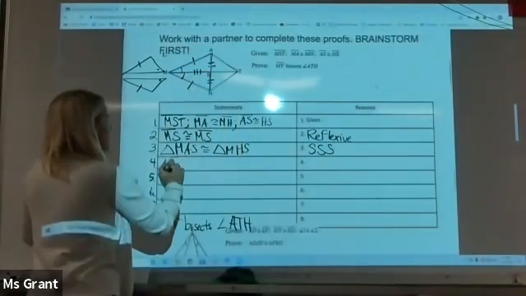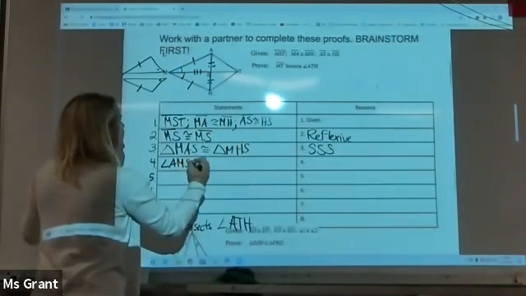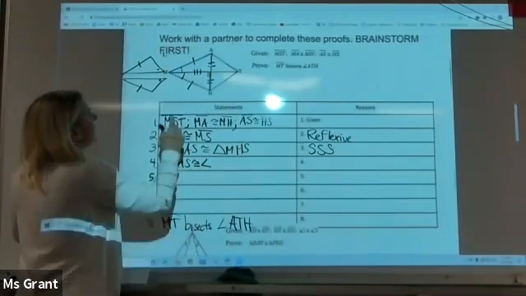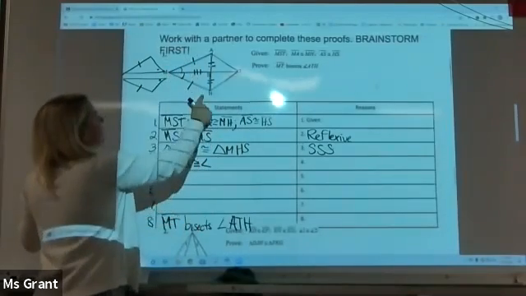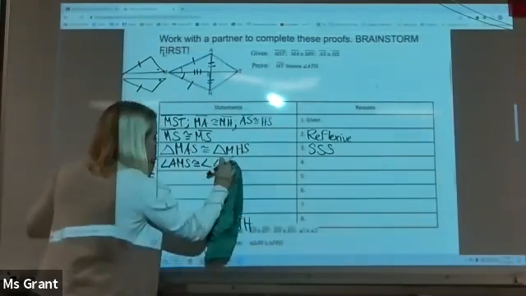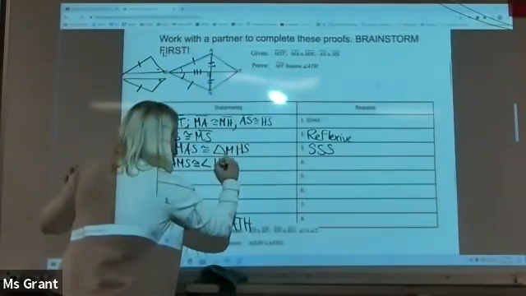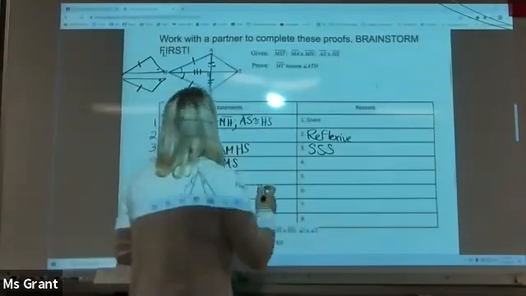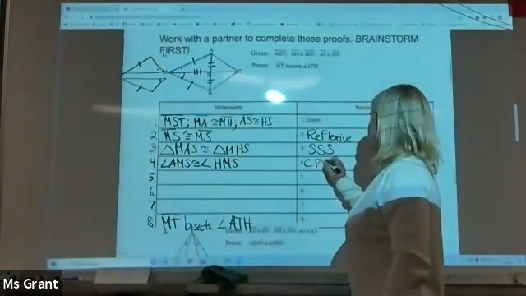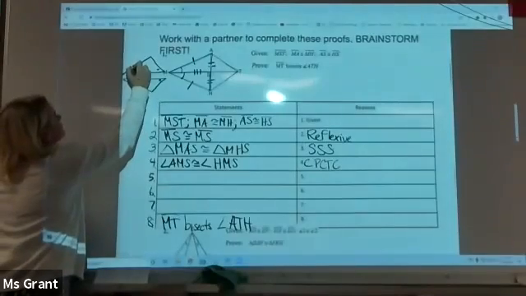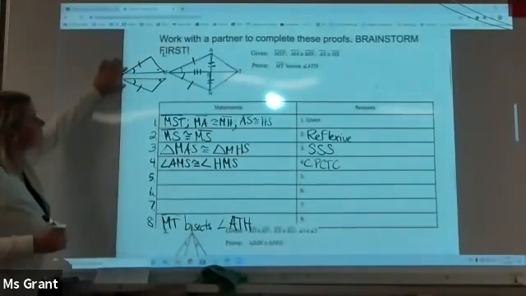Blue angle AMS is congruent to angle, if I go AMS, I better go HMS. That's CPCTC. So now I've got this angle, guys. I just did it.